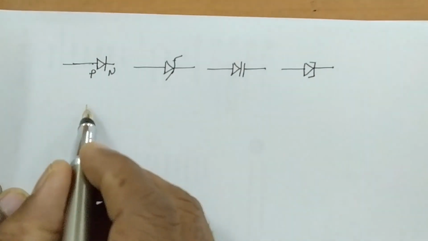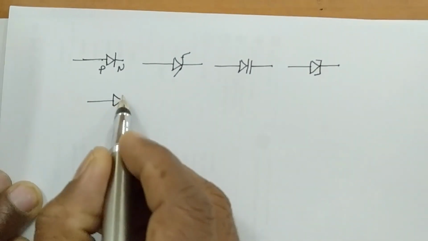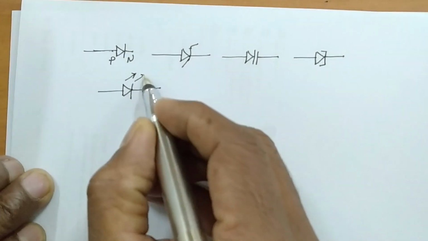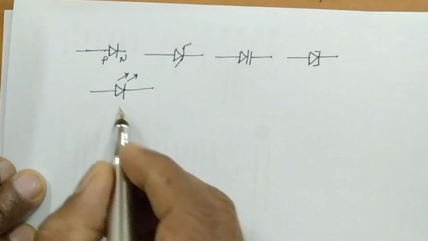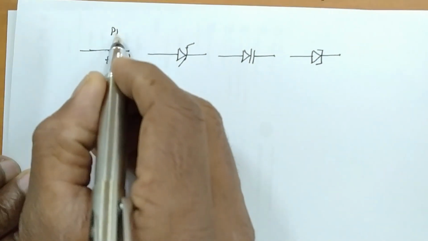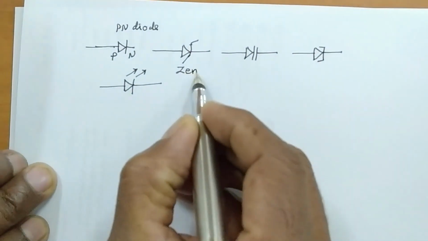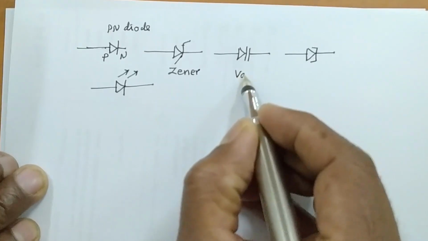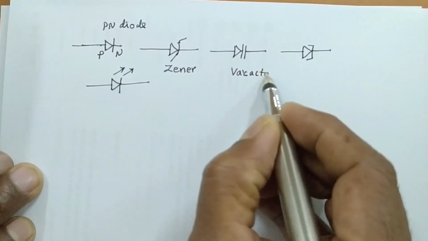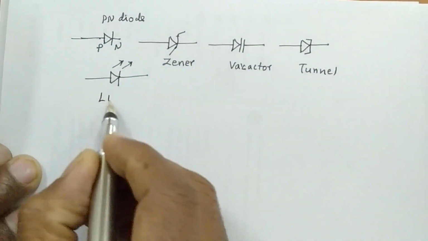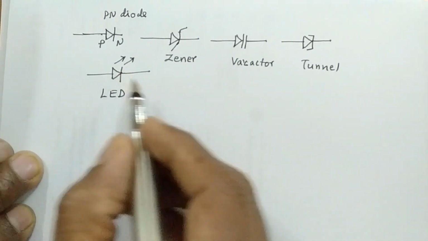Okay, and now you have already done the light emitting diode. As the light is emitting, the arrow mark is outside. This is the LED. So this is the PN diode, this is the Zener diode, this is the varactor diode, and this is the tunnel diode. This is the LED through which light is coming out.